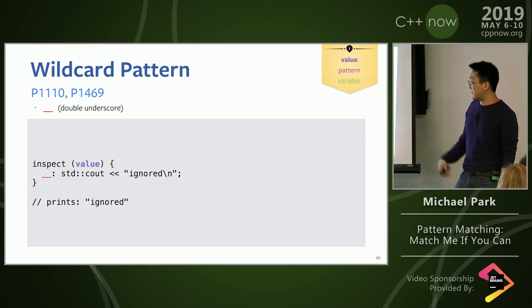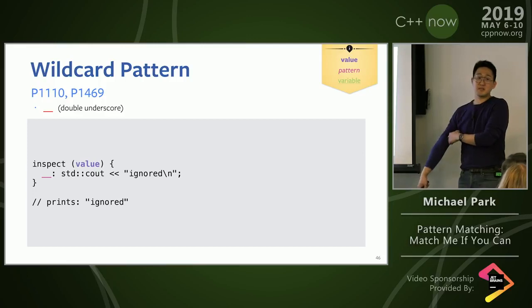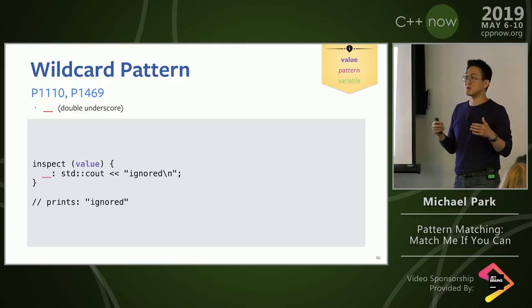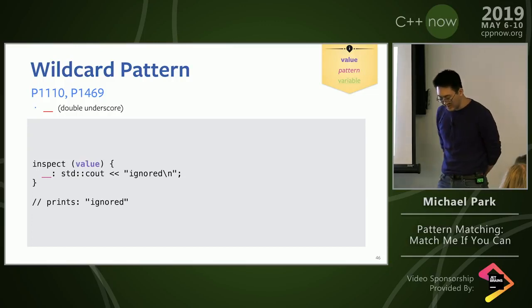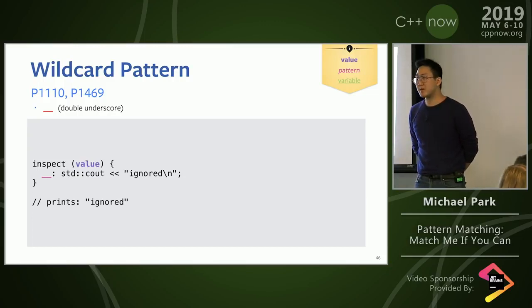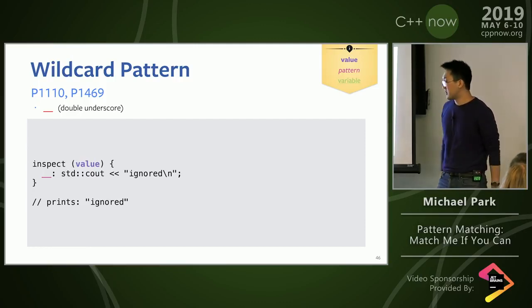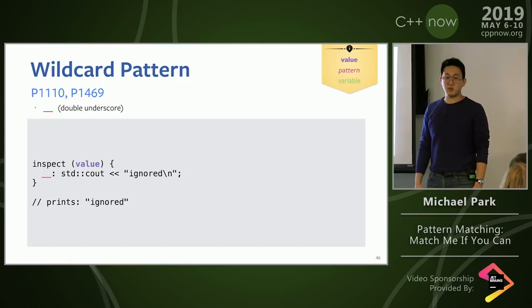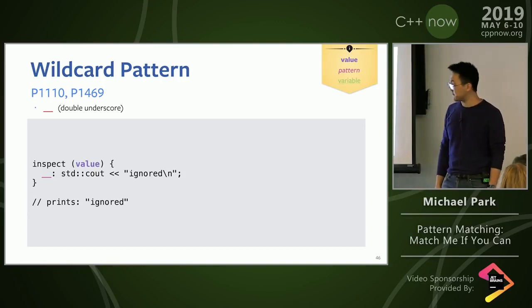We also proposed P1469, which was to disallow using underscore as the identifier inside structured bindings to try to preserve the use of that as wildcard in pattern matching. The feedback there was that we don't want underscore to mean different things in different contexts, because underscore is already used as a placeholder for gmock and things like that to mean I don't care in various testing frameworks, right?